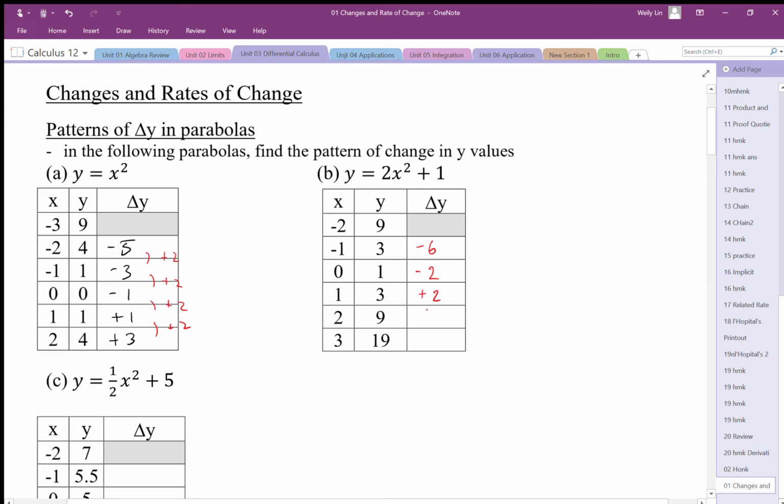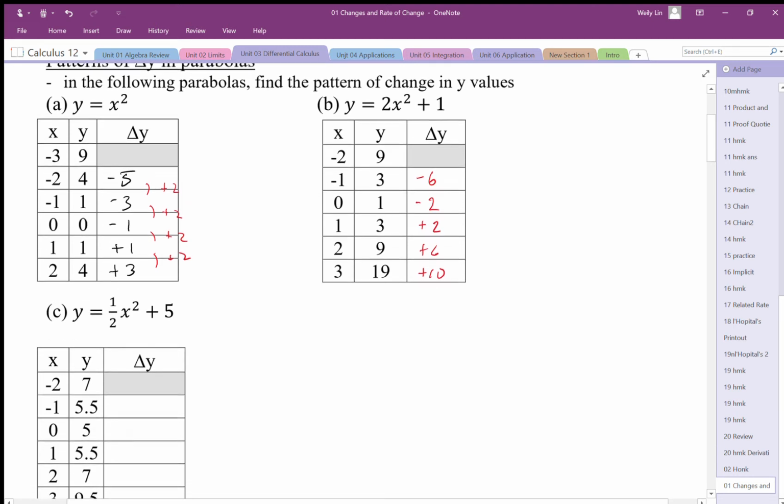From 3 to 9, we have a plus 6 change. From 9 to 19, we have a plus 10. Again, notice that the changes in the y of the parabola are going to be a linear change. This follows a linear pattern: plus 4, plus 4, plus 4, plus 4.